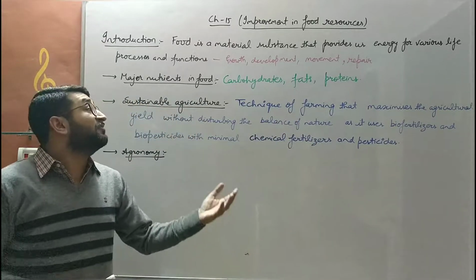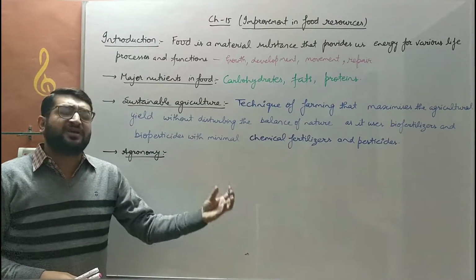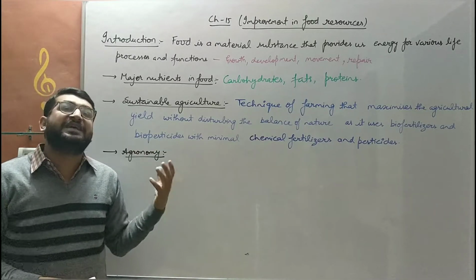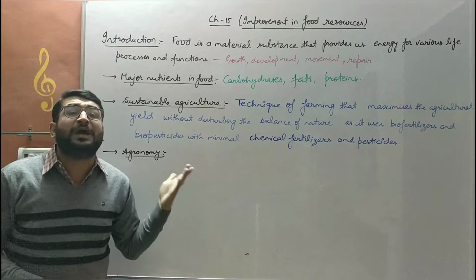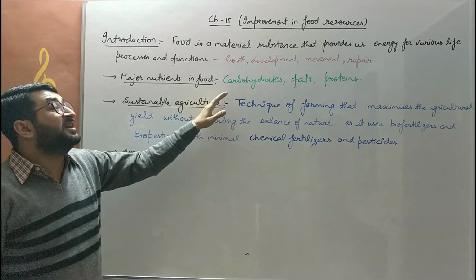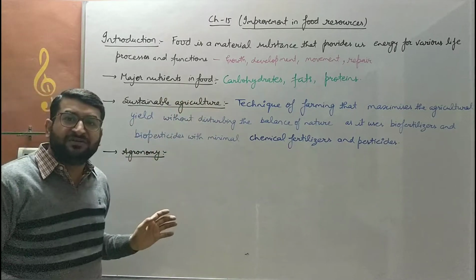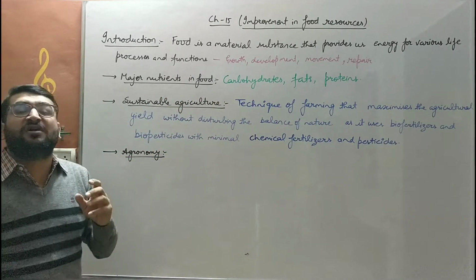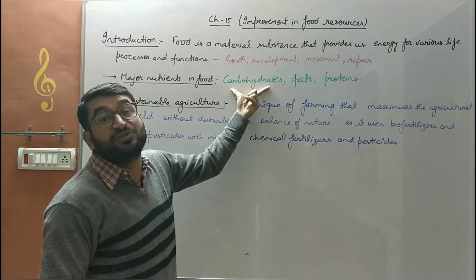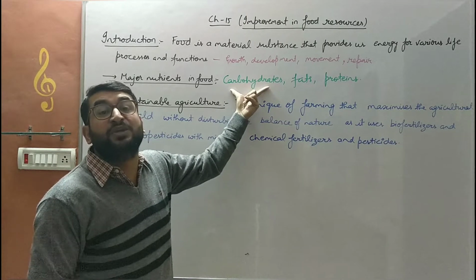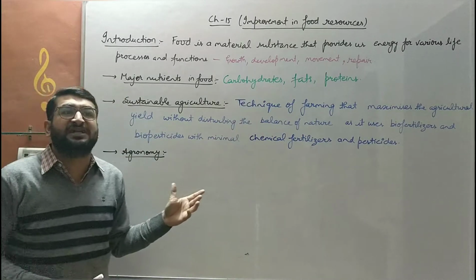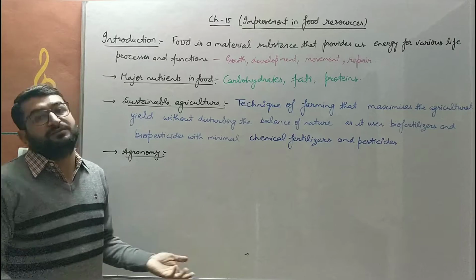Besides this, we require minerals like zinc, cobalt, iron, which we get through various food items. These nutrients are required for structure formation as well as the performance of various activities. The major energy providing nutrients are carbohydrates, and we get these from food.